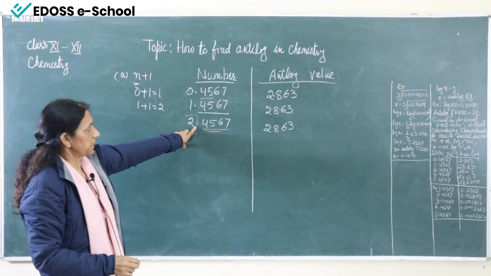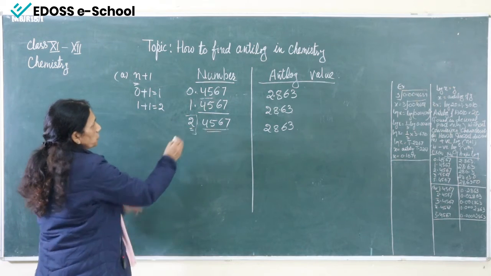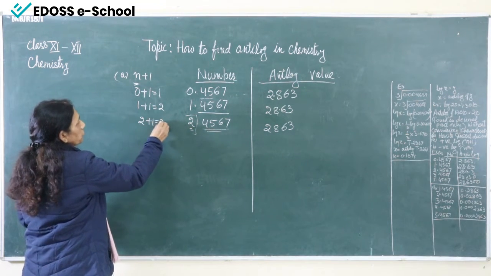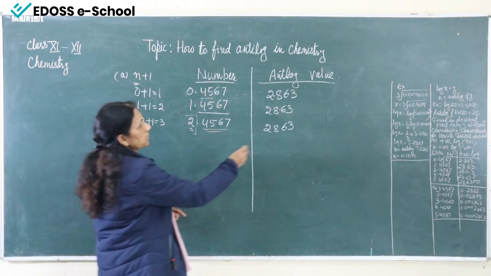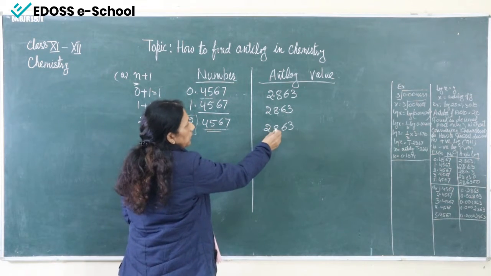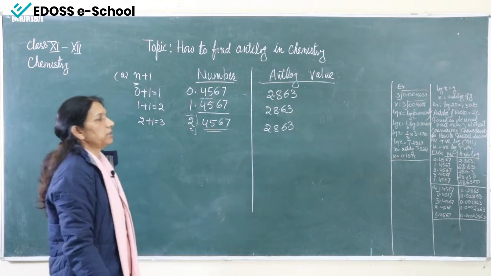But how to insert the decimal now? N is 2. So, we will take 2 and add 1, that means 3. We have to insert the decimal after the third place. So, 1, 2 and 3. Here we will insert the decimal: 286.3.